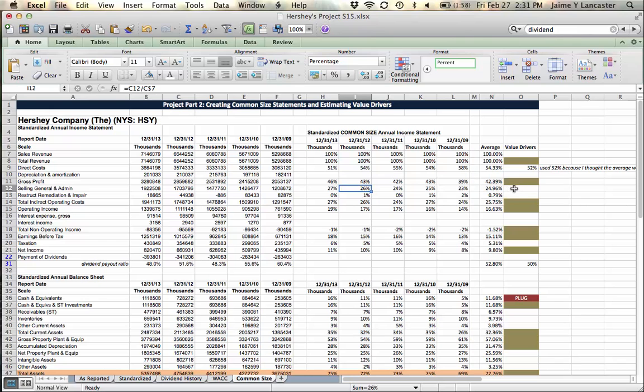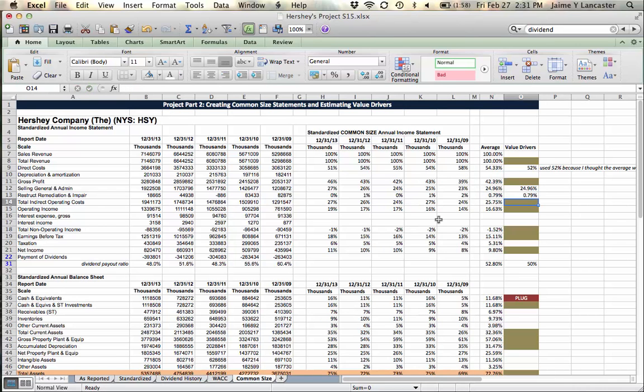Is 25 reasonable? It might be. I could say that I think it's going to be something like 26%. I could estimate on the high side, but I'm just going to use the average. And if you have a trend like that, that can be your call. Restructuring, remediation, and impairment. Is there a pattern there? No. Let's just use the average.